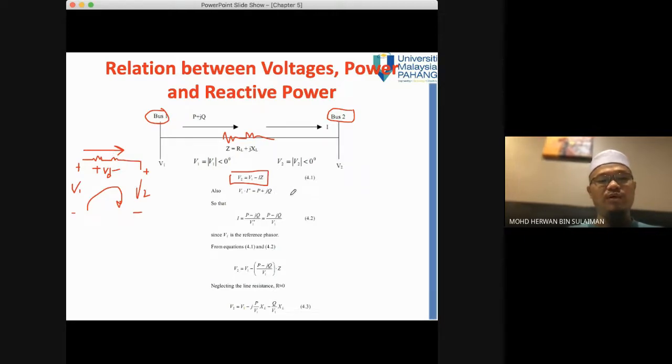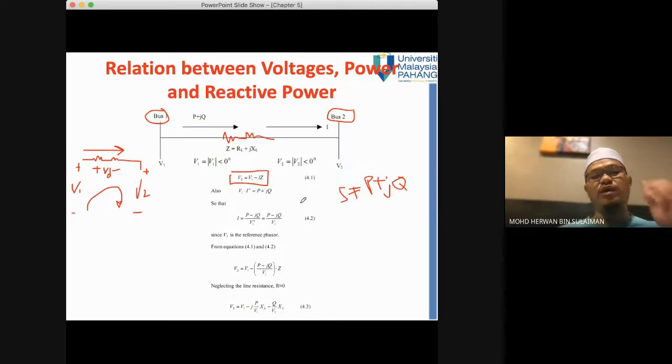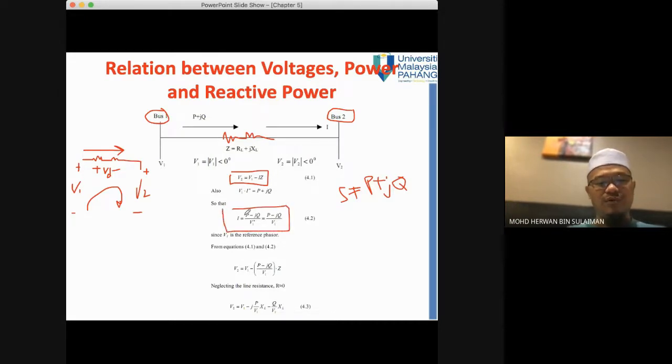And also we remember that our S equals P plus jQ, right? S equals P plus jQ. Sorry, I don't have a pad now, I have to travel. Okay. And then you know that S equals V I conjugate. You can rephrase this equation and make I the subject, and get I equals P minus jQ divided by V conjugate.